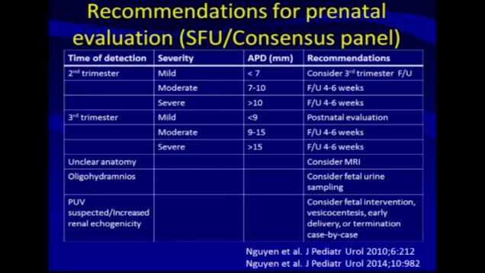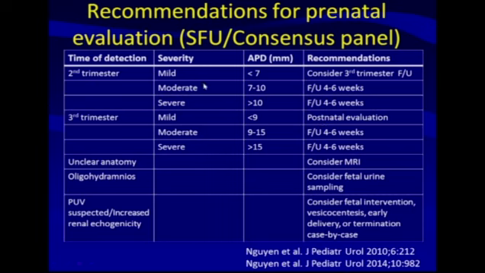So how are we going to follow these fetuses once we have detected prenatal possible hydronephrosis or hydronephrosis? The recommendations from the consensus panel when the degree of hydronephrosis is mild would be to consider a third trimester ultrasound follow-up and certainly postnatal evaluation.